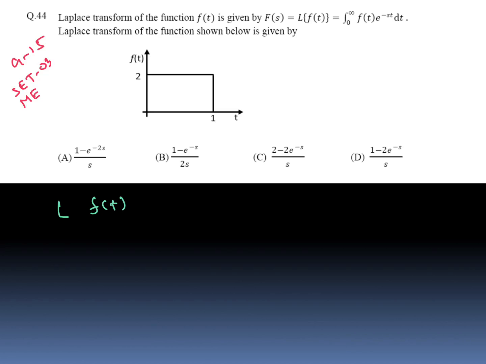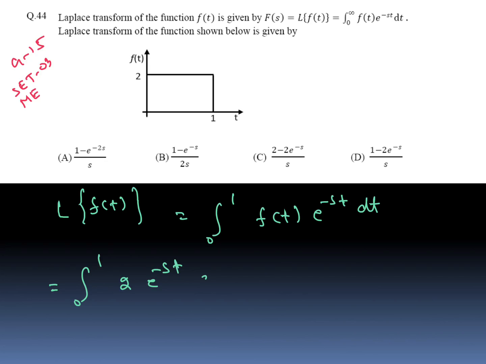So it's 0 to 1, f of t e to the power minus st dt, where f of t is 2, so 2 into e to the power minus st dt.